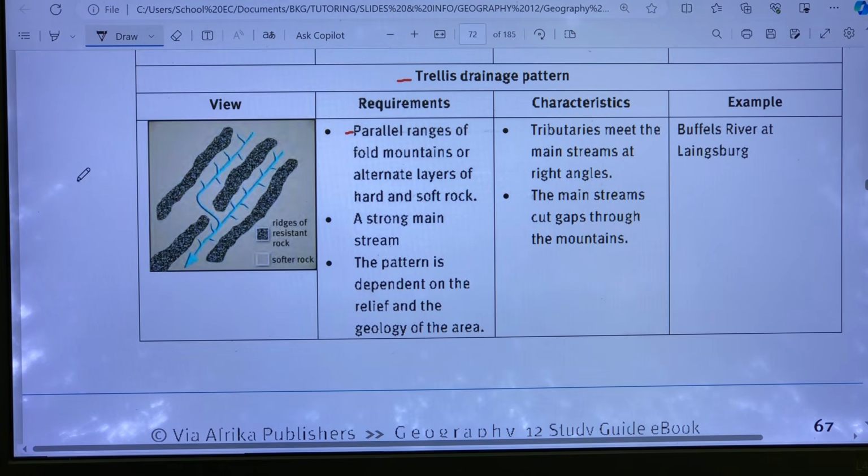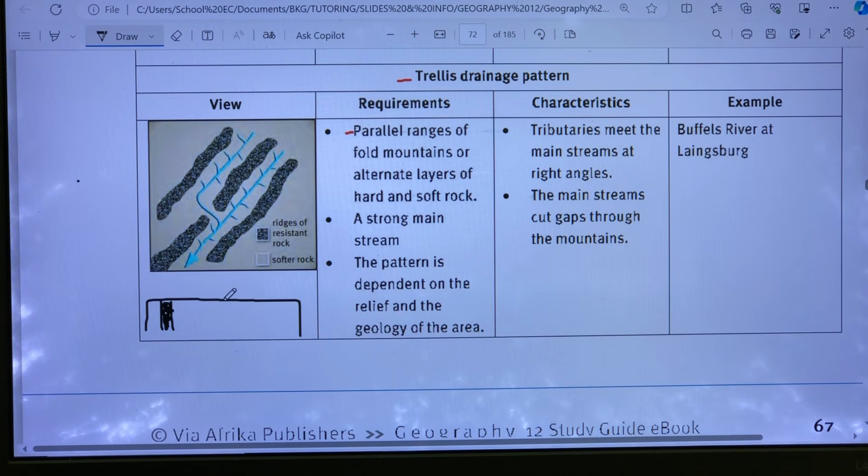Let's say we have a landform that is like this. In this landform, we have various parts of the underlying rock that are soft. Let's say this part is soft, meaning that it allows erosion.